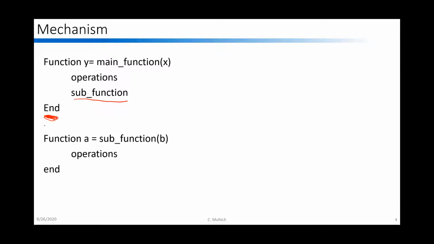So then after that last end statement of the main function, we come in and we write a new function call. So this time maybe function A equals subfunction B. And then we have just, once again, our list of mathematical operations that we want to do. So pretty straightforward once you have that understanding of how main functions are going to work.